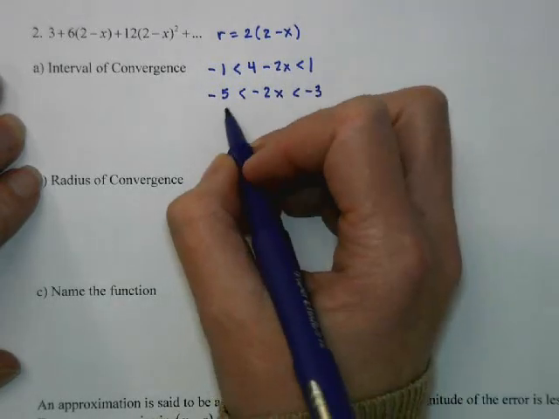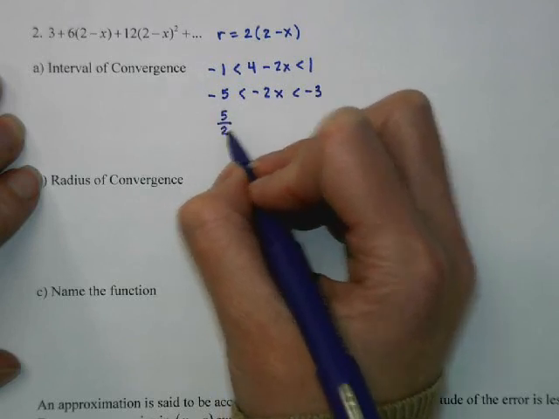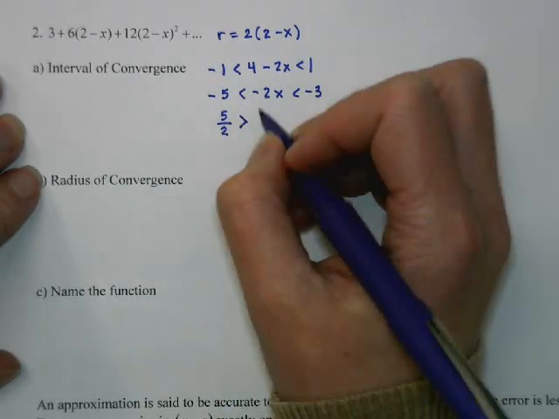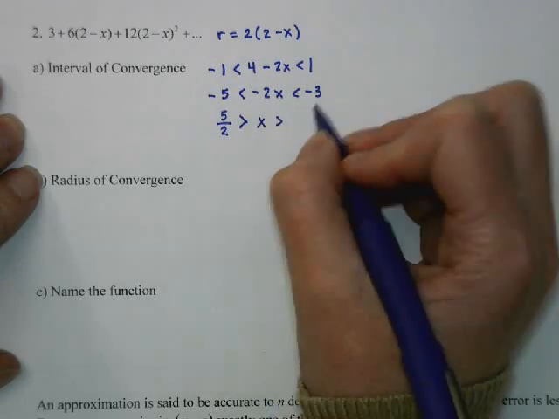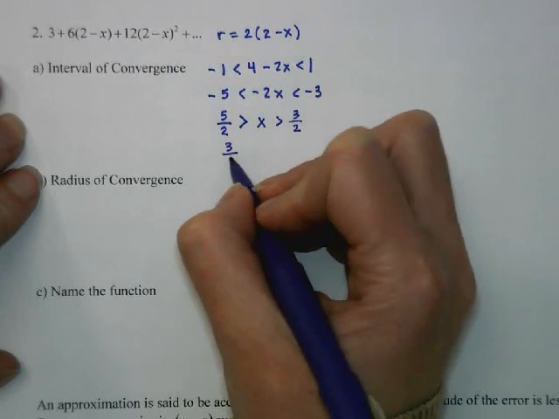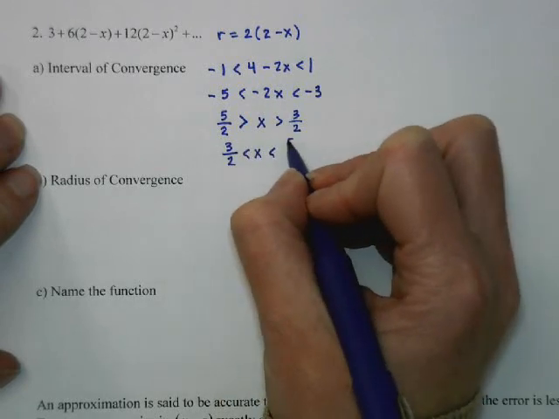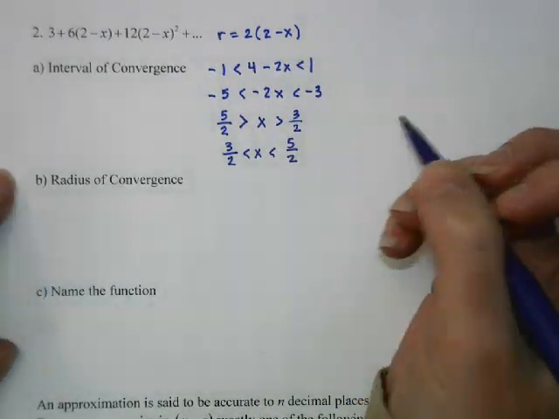And then divide by a negative 2. So negative 5 divided by negative 2 is positive 5/2, but this will switch. So our interval is going to be 3/2 is less than x is less than 5/2.